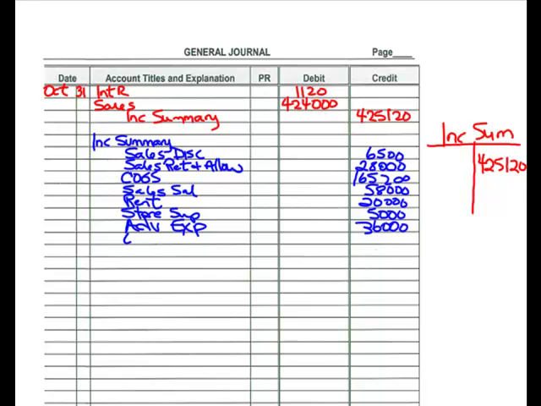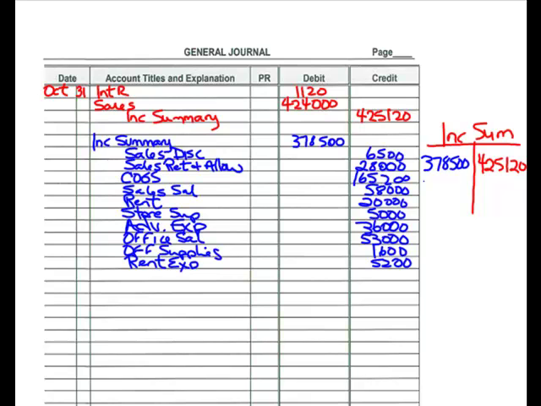We've got office salaries for $53,000. We've got office supplies for $1,600, and we've got rent expense for $5,200. When you total all of those expenses up, we get $378,500.